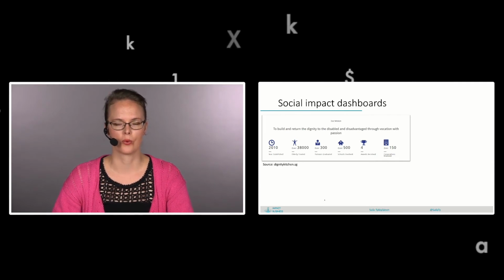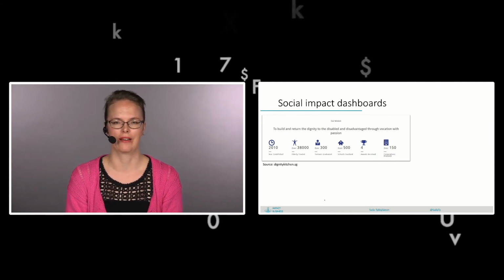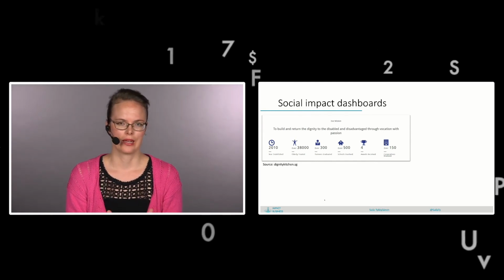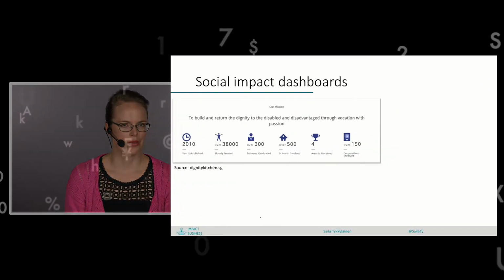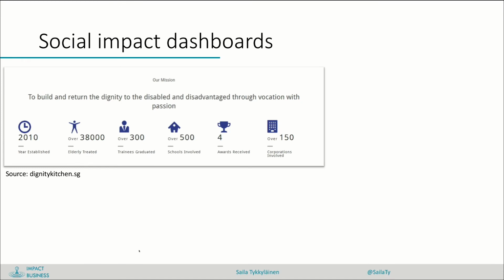One from Singapore, this really basic level example. Impact-wise, there isn't much, I have to say. But anyways, the structure is really nice. They tell their mission and then present some key figures to concretize that mission. And this level is quite easy to reach, almost anyone, I would say.